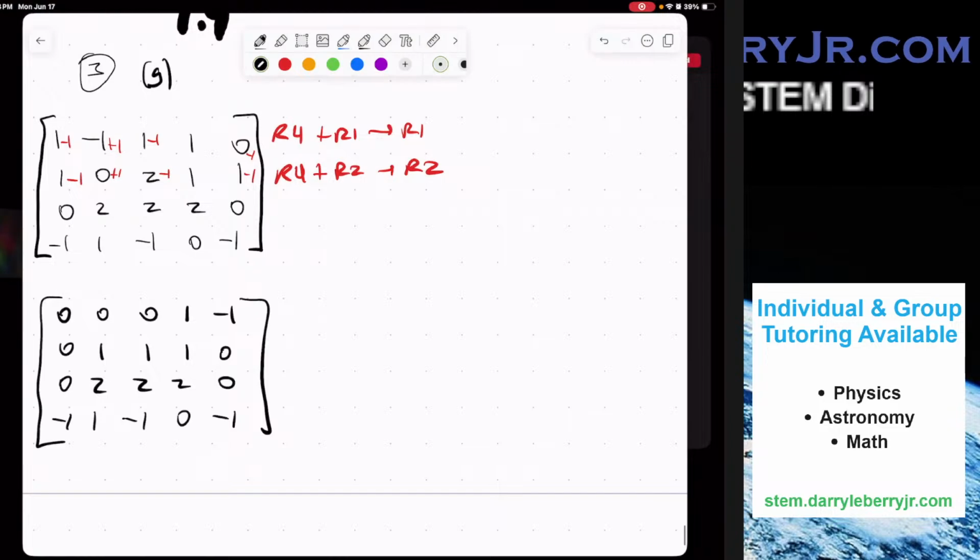Now I'm going to, so this is a free variable, because if I subtract minus 2 row 2 to row 3, that's going to zero out that whole line. So this is going to be 0 0 all the way.